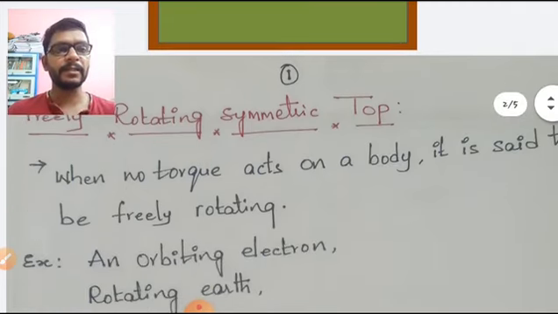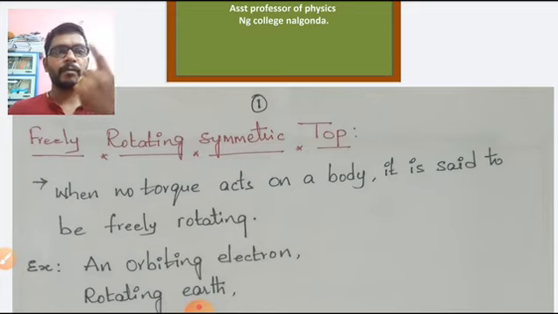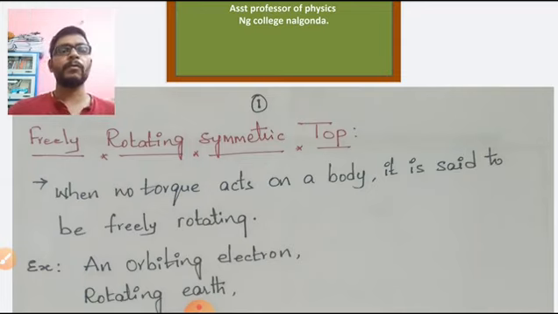When no torque acts on a body, it is said to be a freely rotating body. Examples are given there. One is an orbiting electron. We know that electrons are revolving around the nucleus in their own orbits.